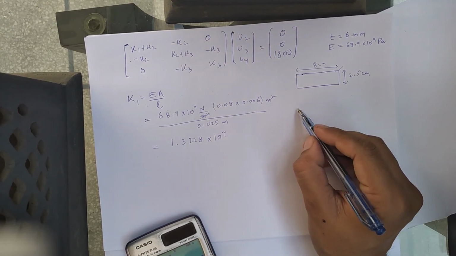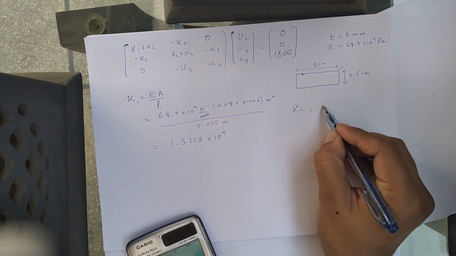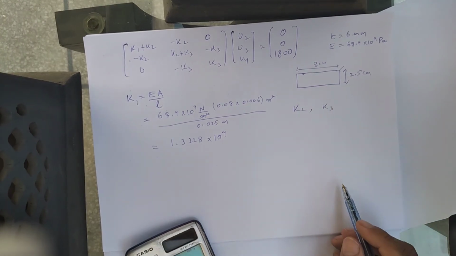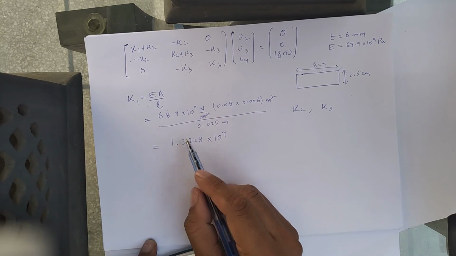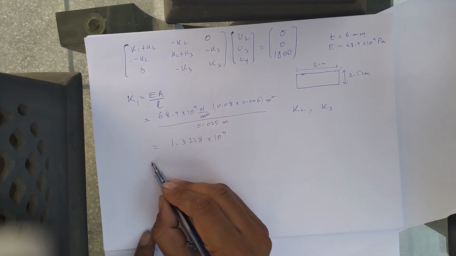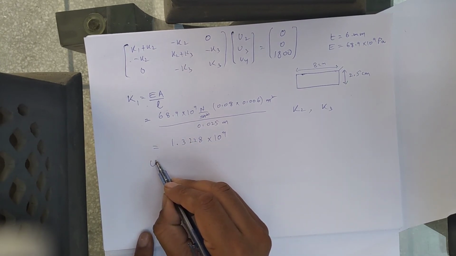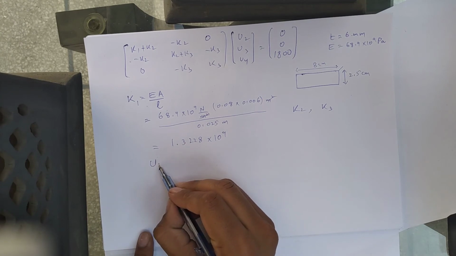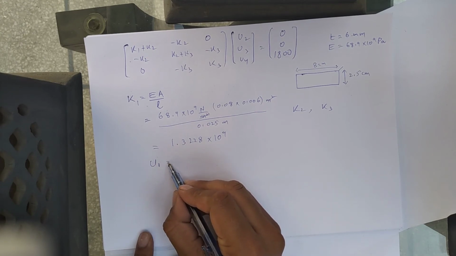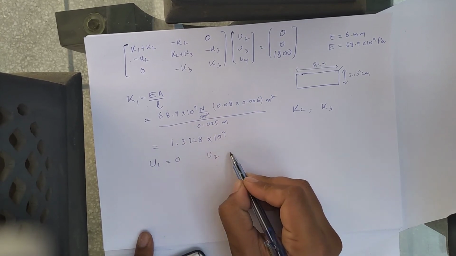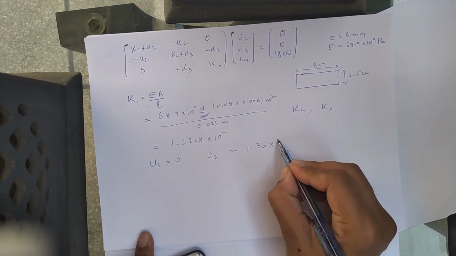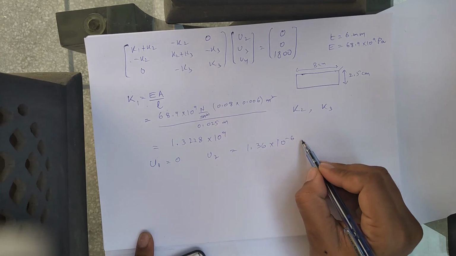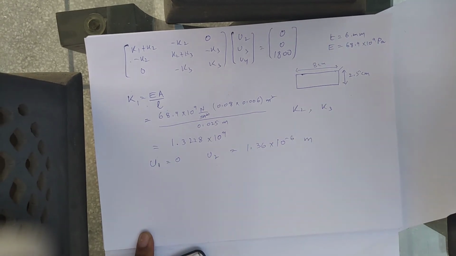Similarly, we will have a value of K2 and K3 from element number 2 and element number 3. We'll put these values in this equation and solve it. You can solve it with calculators, right? So we will get the values of U1, that is 0, U2, that will be 1.36 into 10 raised to power minus 6 meter.